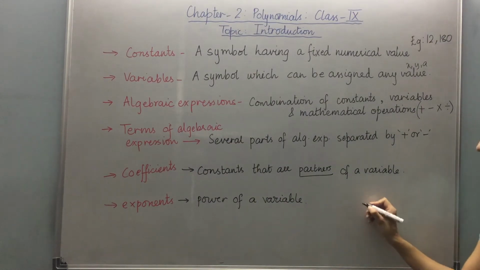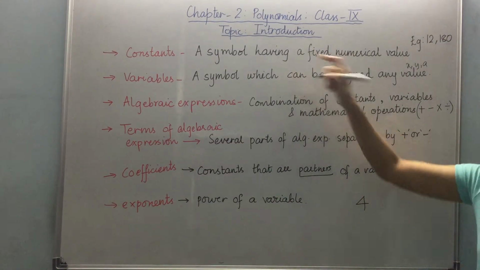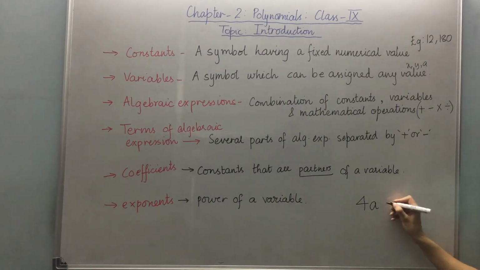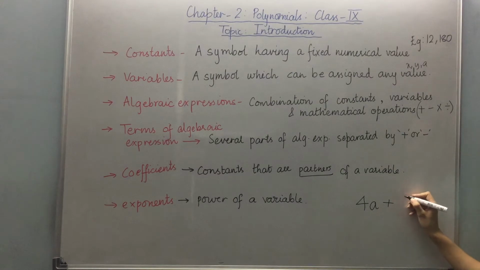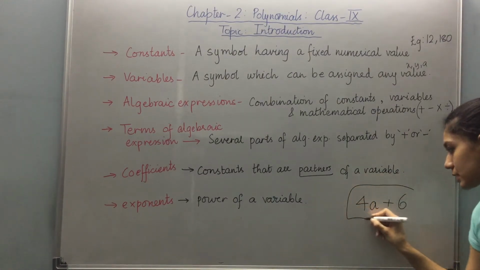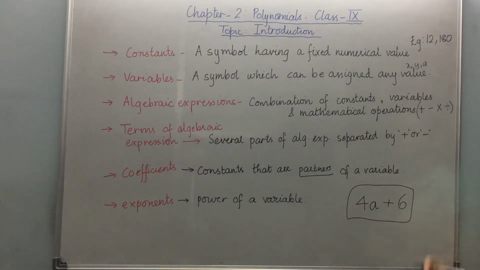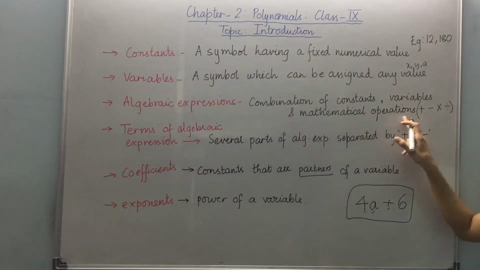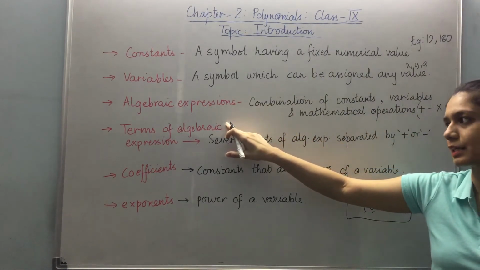For example, if I say 4, which is a constant, and let's say a is a variable, plus, again you can just write any constant. So this is an algebraic expression because it has a variable, it has a constant and it has some mathematical operation also. So combination of constant, variable and such operations makes an algebraic expression.